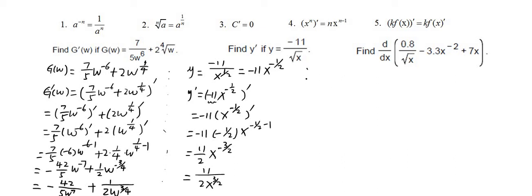Now let's take a look at the last term. Again, we're going to use rule number 2. We have the square root of x, which should be x to the power 1/2.